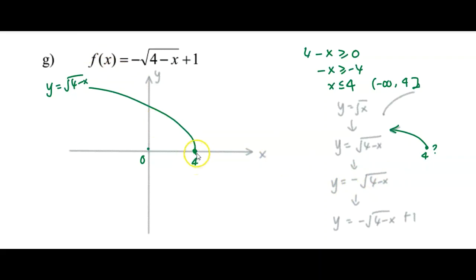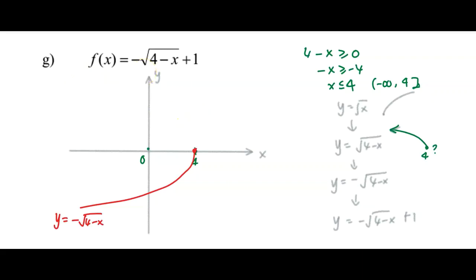So when it reflects about the x-axis, it will become like this. So this is the graph y equals negative square root of 4 minus x. Then erase this off.